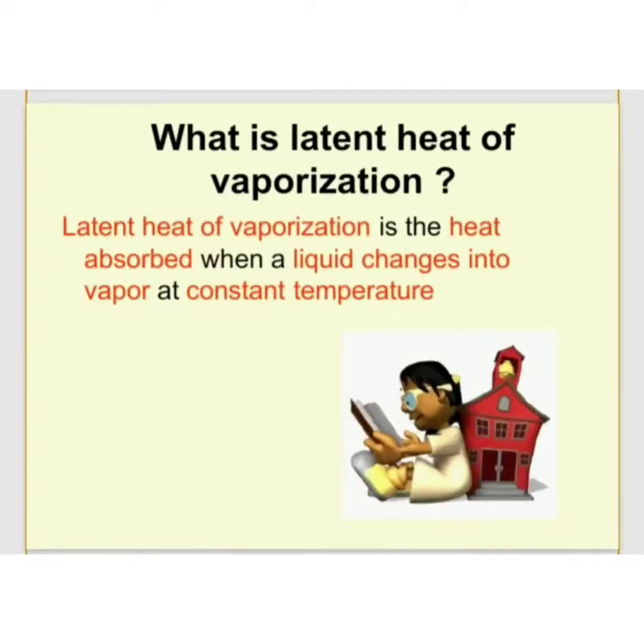Next term is latent heat of vaporization, as conversion of liquid state into its gaseous state is known as vaporization. Therefore, latent heat of vaporization is the amount of heat supplied to the liquid that changes its state into its vapor.